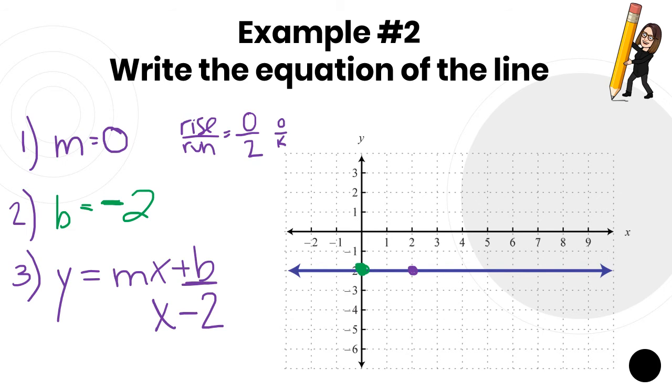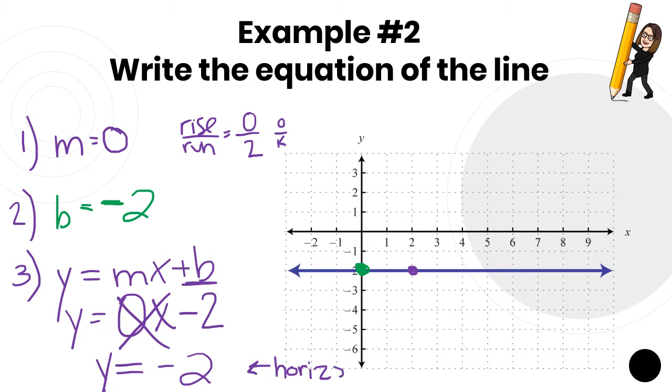My m value is 0. Now that looks kind of weird having that 0 in, because 0 times anything is 0. So look at how I can write this equation. y = -2. This is the equation of every horizontal line. Remember, if it's horizontal, it cuts through the y-axis at -2.